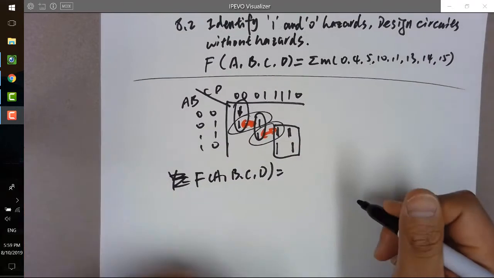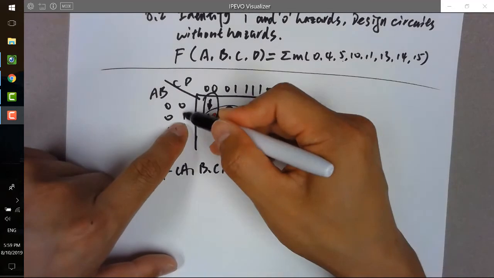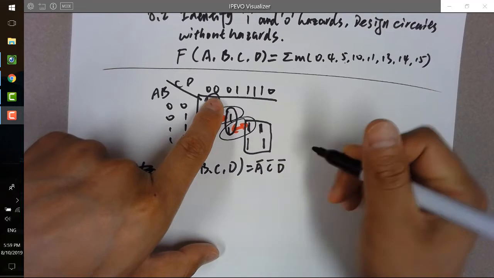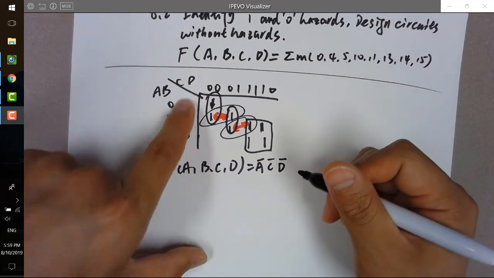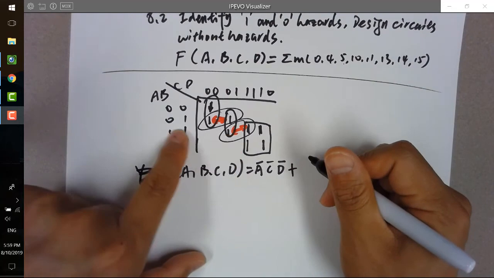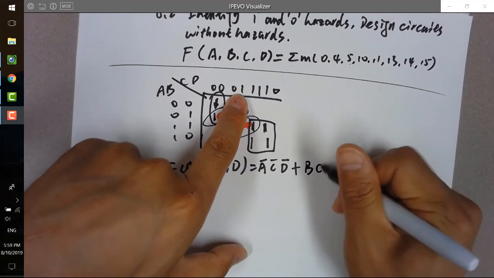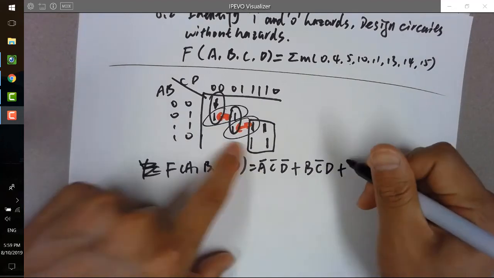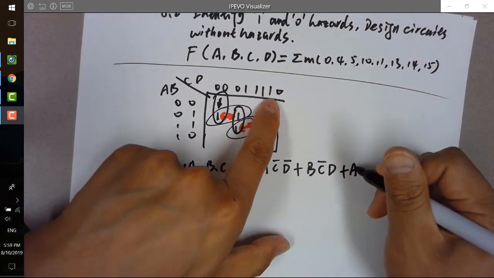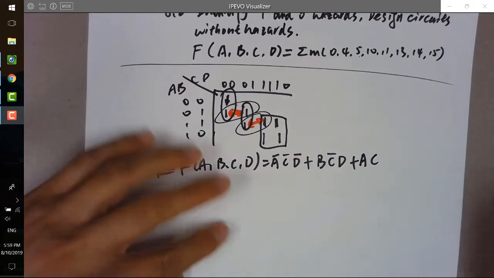So the original logic function here is A bar, C bar, D bar, because B toggles, so you can't include it, or B, C bar, D, or these four, A, C. That's a circuit with the hazard.